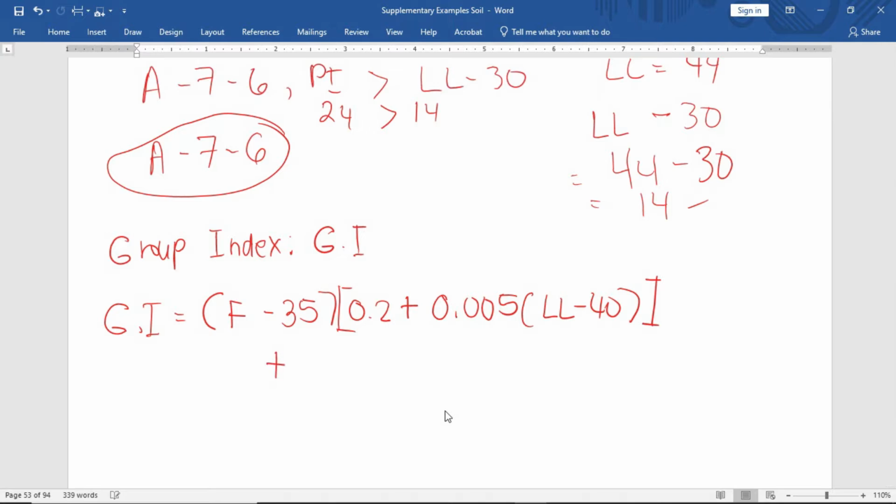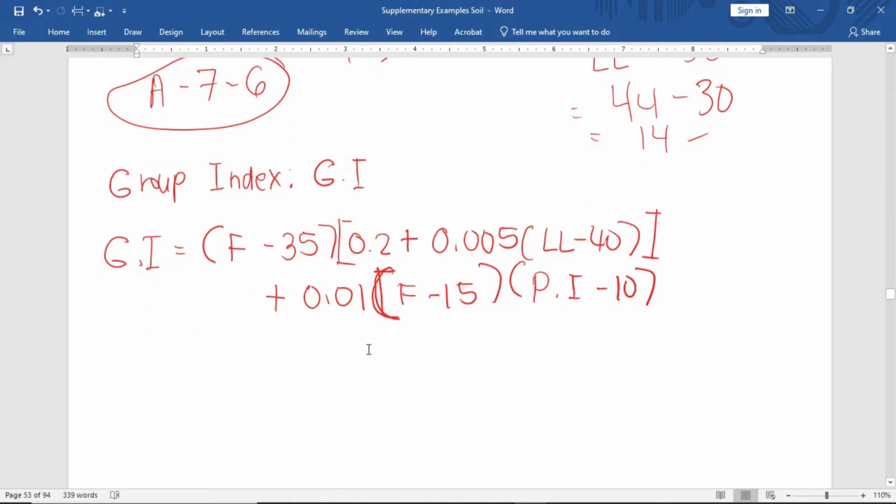Plus 0.01, parenthesis, F minus 15, times PI minus 10. Yan yung formula sa GI natin.